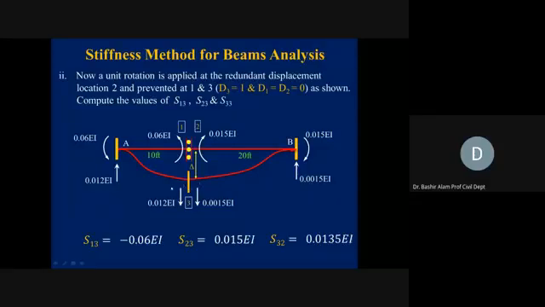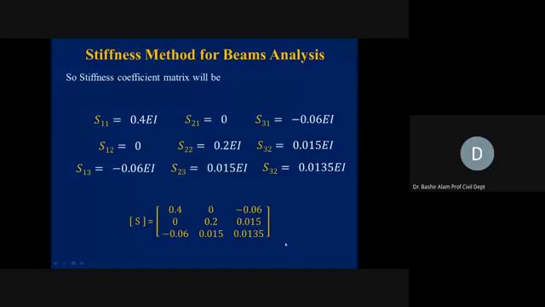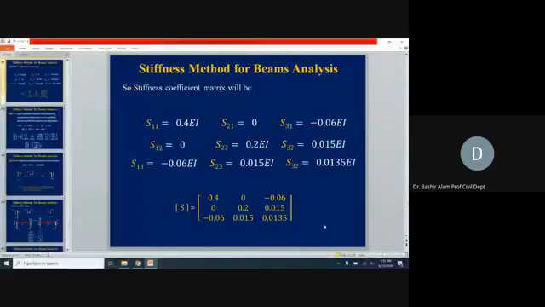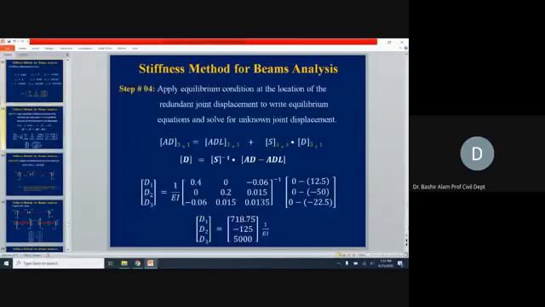And D3 will be the summation of both, which are positive in the D3 direction. So 0.012 plus 0.0015. So it will give you this. So this is actually your S33, not S32. This is your S33. So again, I'll have to make a correction here. We have some mistakes.